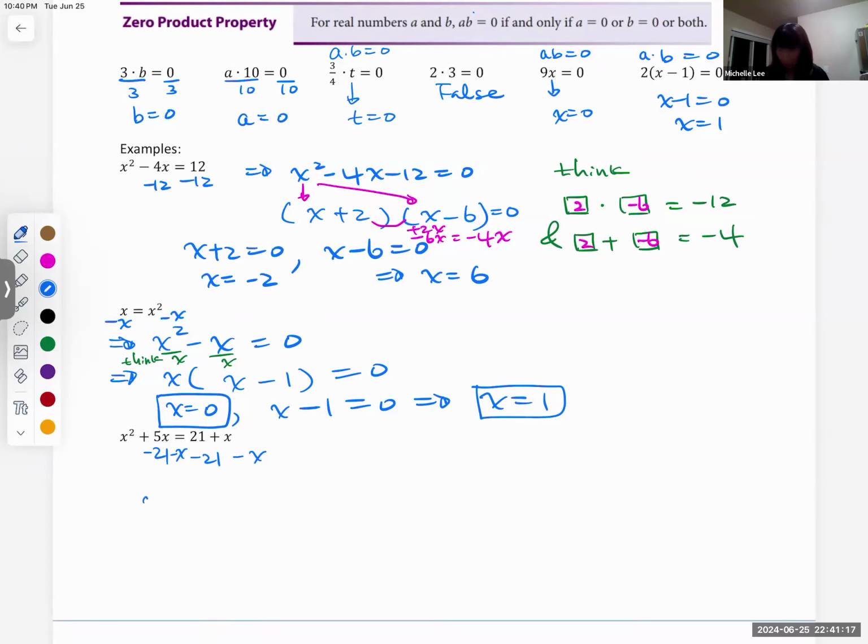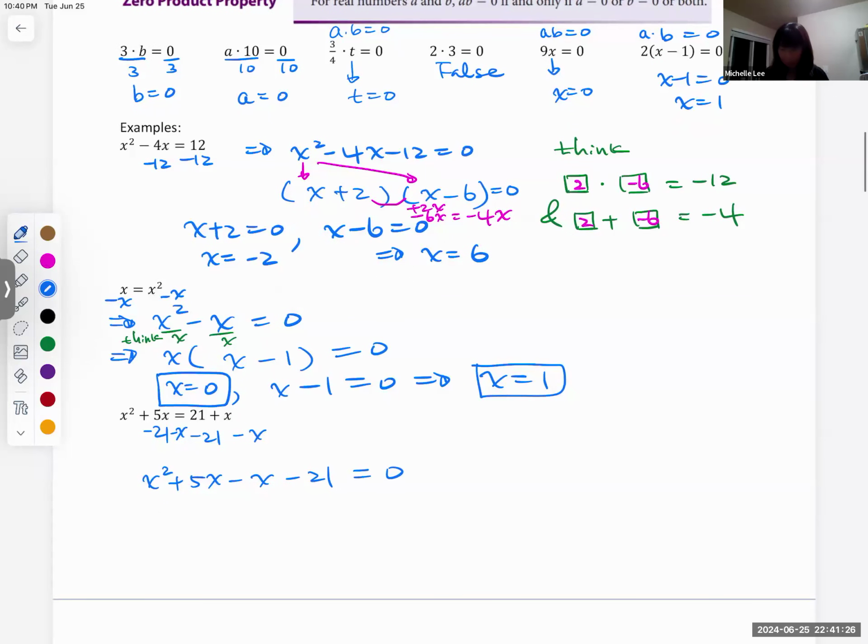So here, x squared plus 5x minus x minus 21 equals 0, right? Combining like terms, we have x squared plus 4x minus 21 equals 0.